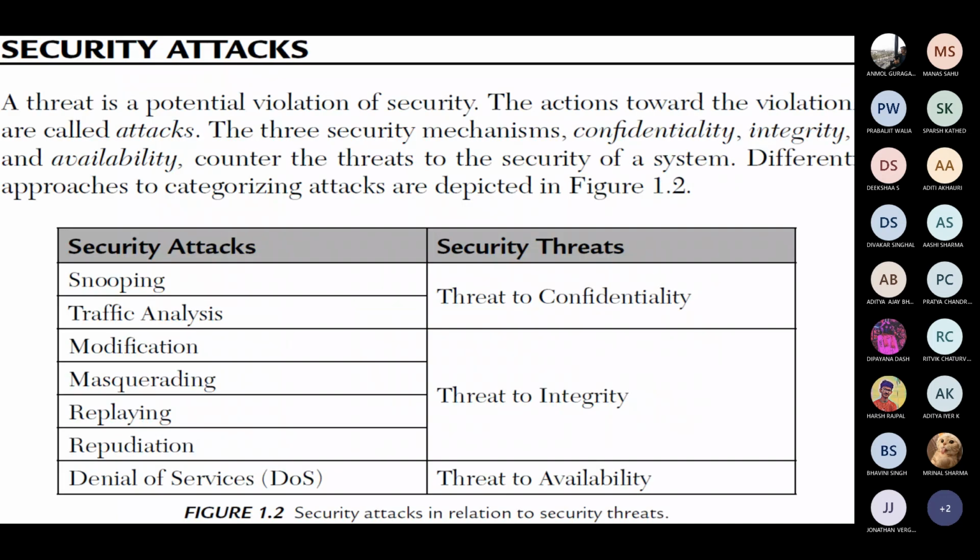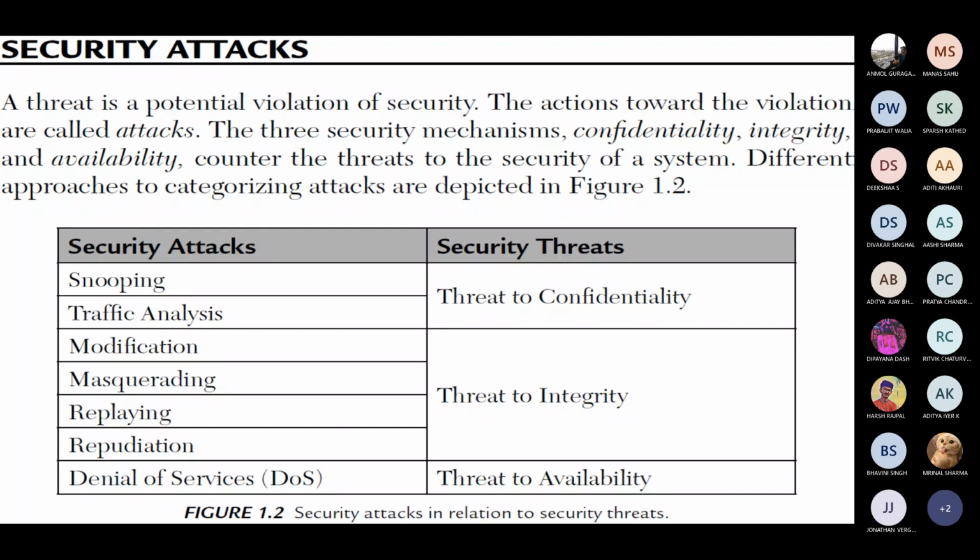So see here, security attacks. There are several security attacks here. I told you about the security attacks and security threats in the previous class. Confidentiality, integrity, and availability are the 3 goals of network security. In the previous class we had discussed this. So in what way are the security attacks and security threats related?